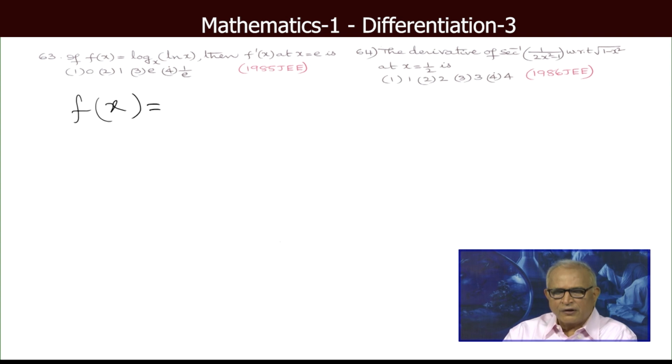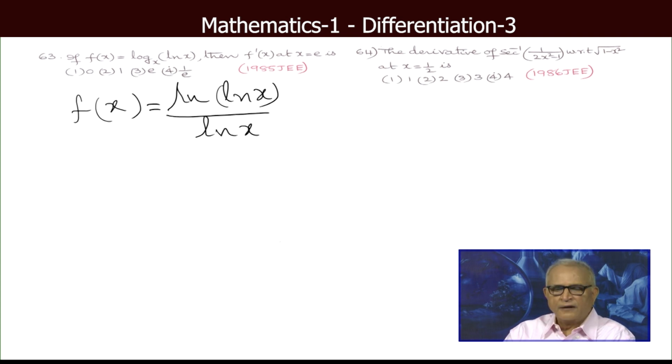You know the derivative of a logarithm function only when the base is e. Let us change the base x to base e. You know that log a to the base b is log a by log b to any base. So, whenever you want to change the base x to e, it is ln of ln x by log x to the base e, which is ln x.